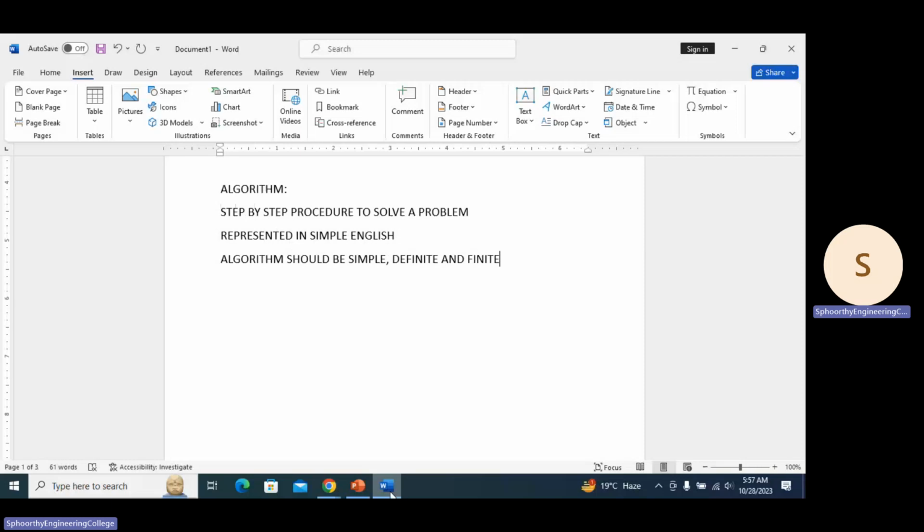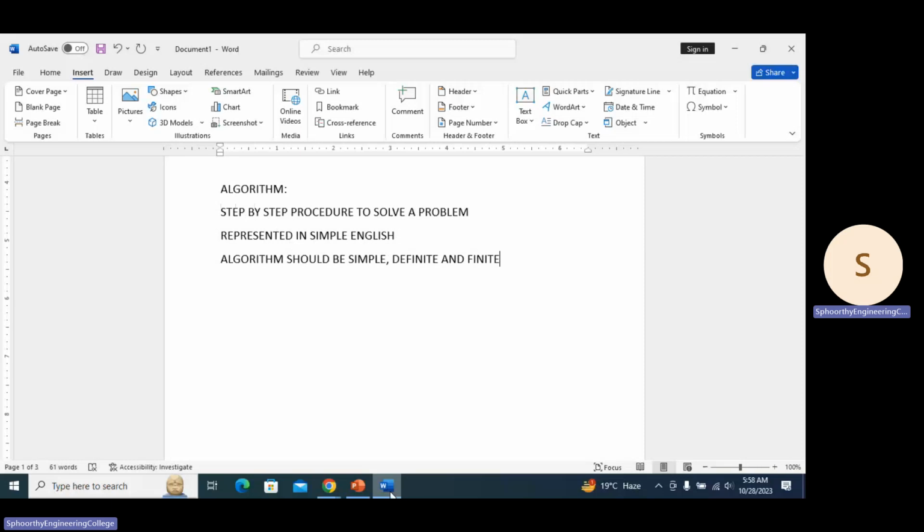First, ask him to enter a number, collect that number, store that number in a place which is generally called a variable. Then divide that number by 2, check the remainder. If the remainder is 0, meaning the number is completely divisible by 2, then print a message that the given number is even number. Otherwise, print a message that the given number is odd number.